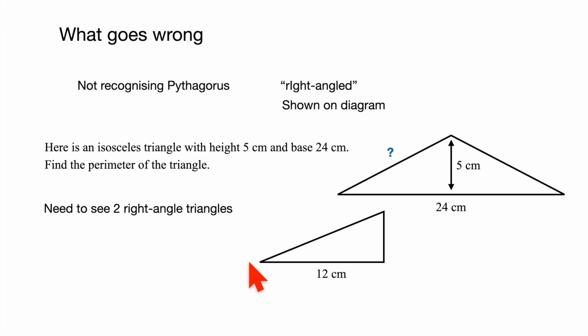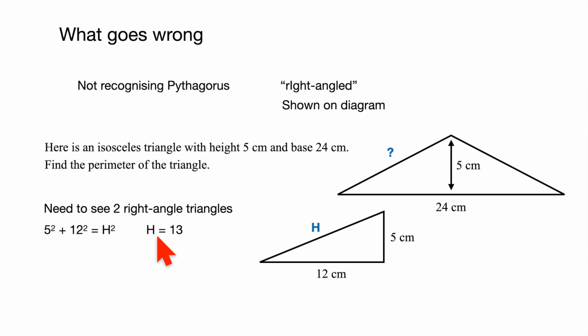Call it a special key triangle. We've got 12 centimetres along the bottom because it's half of 24. We know its height is 5, and we're looking at this length here, h. So let's dig in. It's going to be the old Pythagoras. 5 squared plus 12 squared equals h squared. H is 13, obviously. It's the old famous 5, 12, 13.